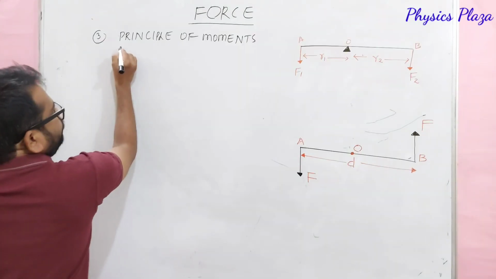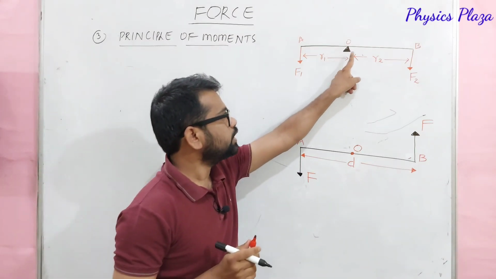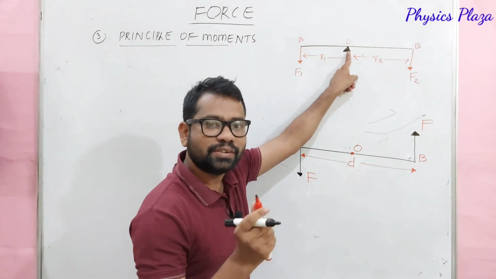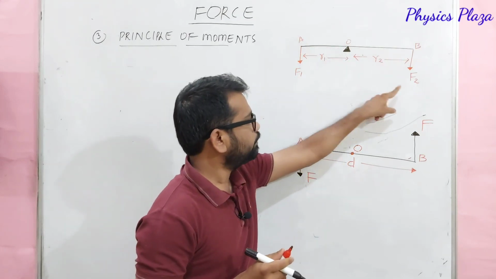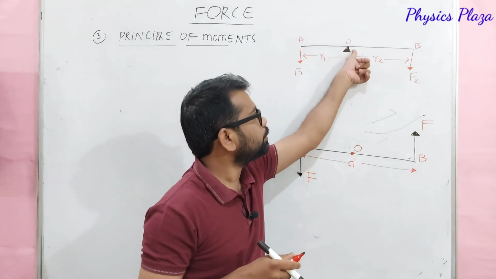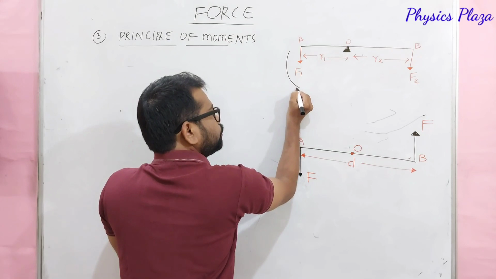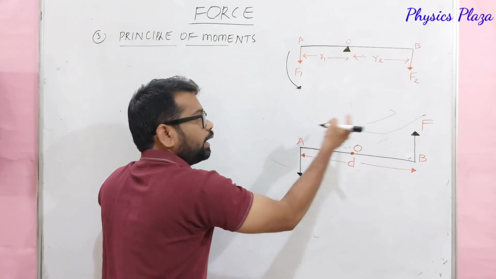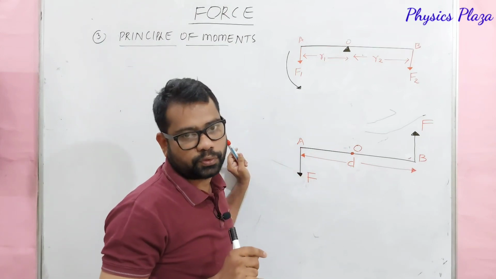Okay, children, now we will see the principle of moments. Look at this diagram. It is a fulcrum, such that at points A and B two forces F1 and F2 are acting at perpendicular distances R1 and R2 from the fulcrum. The force F1 will try to rotate it in an anti-clockwise direction, so there will be an anti-clockwise moment of force.